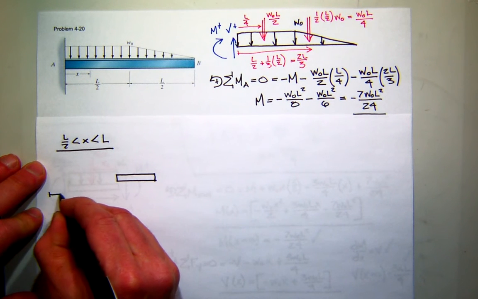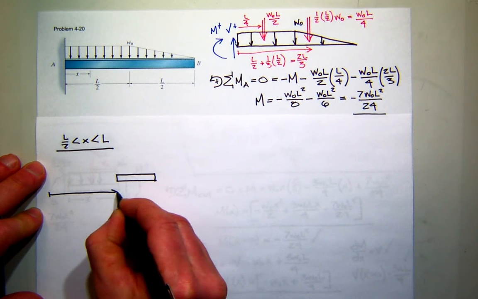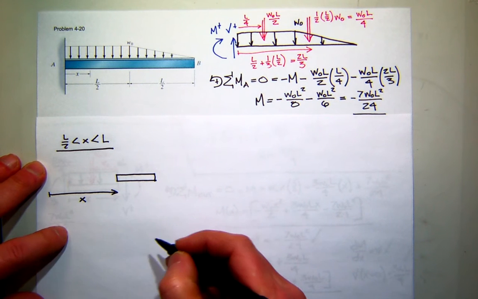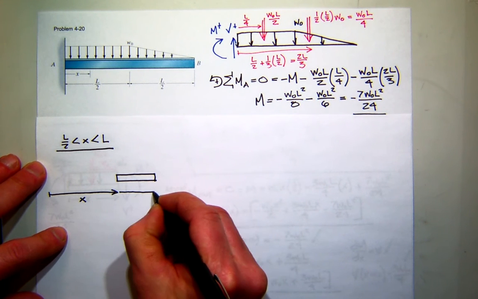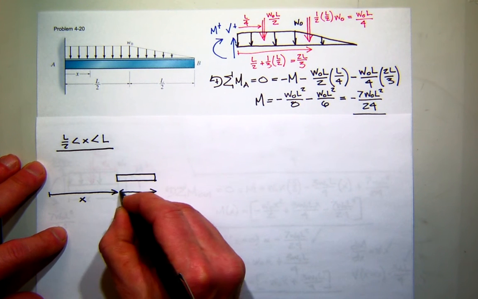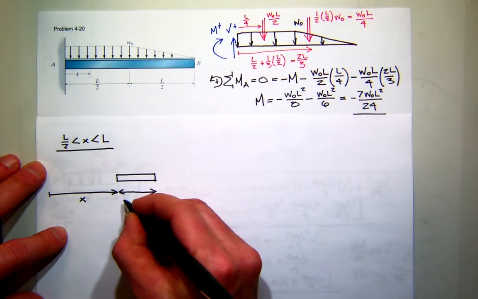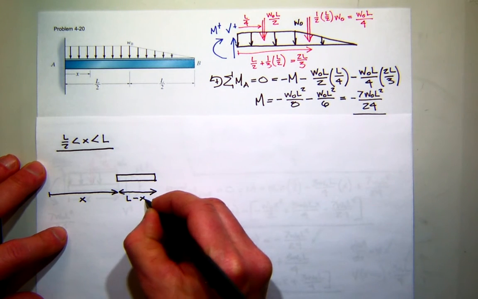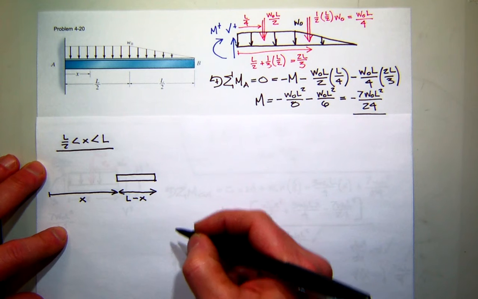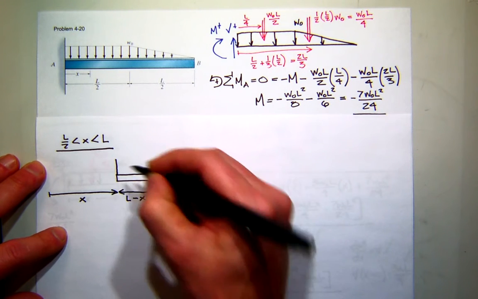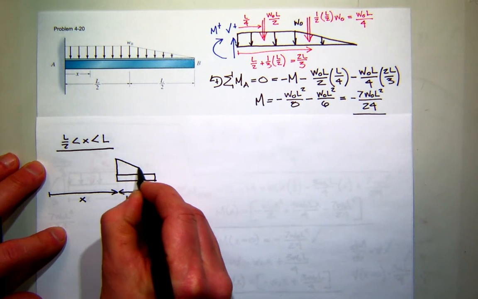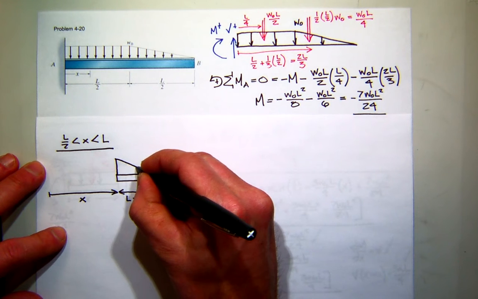So that means that I'm going to measure over to that side, and that will be x. So what will be the length of the cut that I'm making? It'll be the total length, which is L, minus x. And then I have this guy.